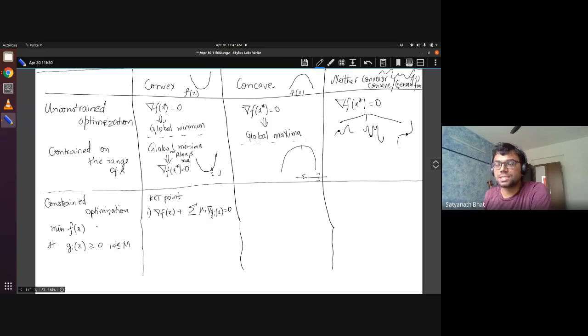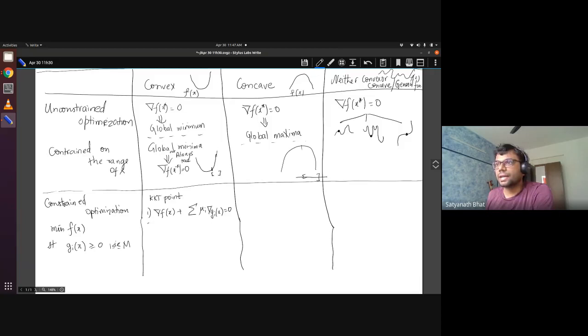Gradient f of x is the direction you would like to take, and that should end up violating the g_i if it is on the boundary. So gradient f of x should be equal to some mu_i times gradient g_i of x, or in other words, this sign becomes negative. One way to handle that is to convert all your problems into this form and then refer to this table. Whatever sign change you said is the correct idea.